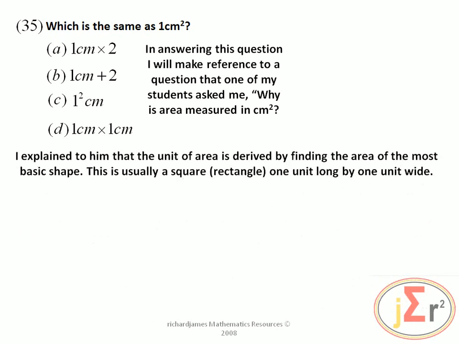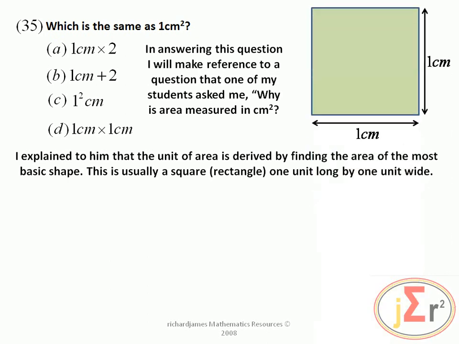I explained to him that the unit of area is derived from finding the area of the most basic shape. And the most basic shape is a square. So this is usually a square, 1 unit long by 1 unit wide. Like that, 1 centimeter by 1 centimeter.